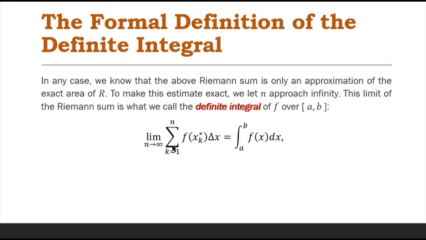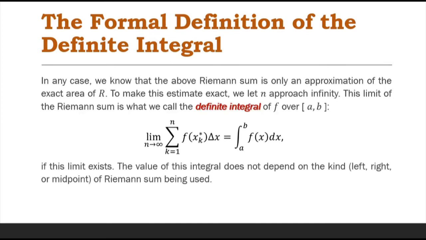So in notation, we have the limit of the summation of f of x asterisk k times delta x, where k starts with 1 up to n, and n is approaching infinity, which is also equal to the definite integral of f of x dx from a up to b. And if this limit exists, the value of this integral does not depend on the kind of left, right, or midpoint Riemann sum being used.